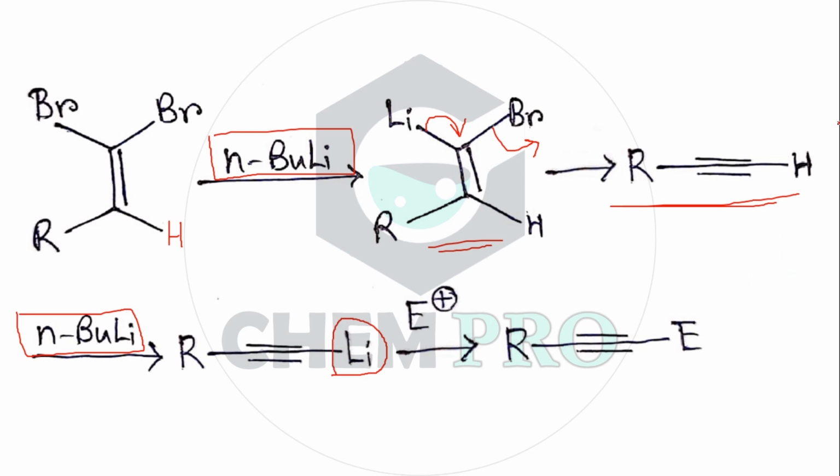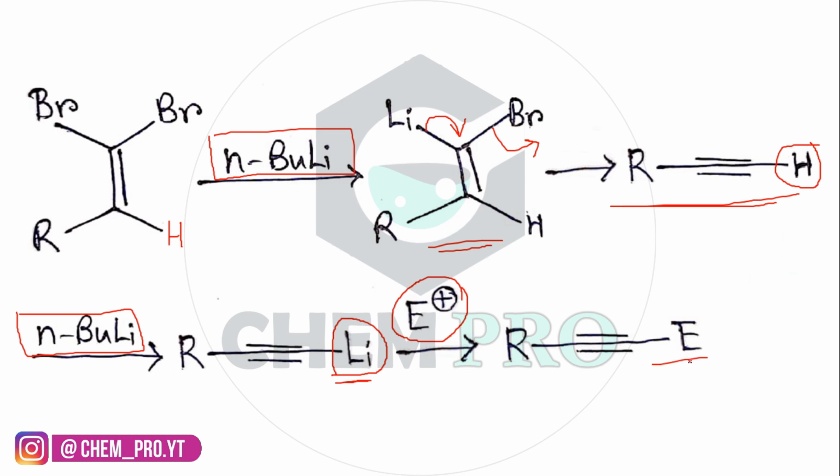The hydrogen will be exchanged with the lithium ion, and after using an electrophile, we can just have the electrophile in the place of hydrogen.